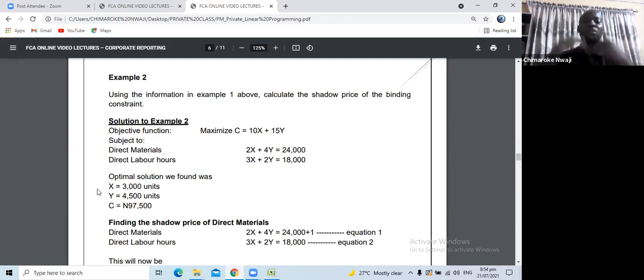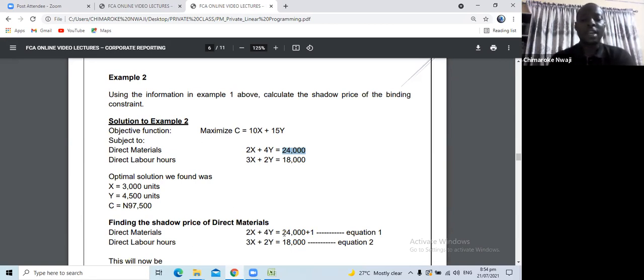Now let us go ahead to look for our shadow price. We want to find the shadow price of direct materials. What does that mean? It means that if we can increase this 24,000 by just 1 unit, it will become 24,001. How much extra contribution would that fetch us?